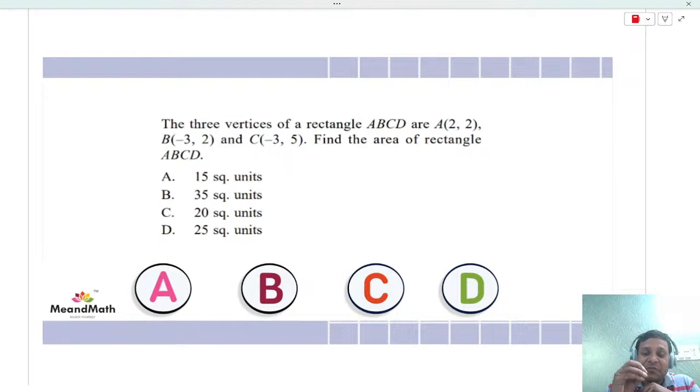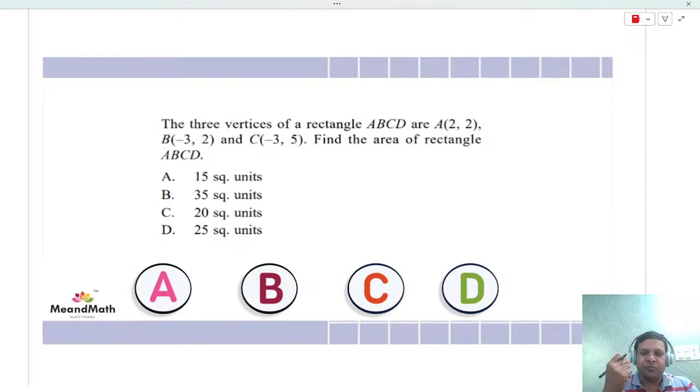So in this question we have to find the fourth coordinate first, then find the area. For the area you require two things. First one, length. Second one, breadth. This distance. So you can use the distance formula for L into B.